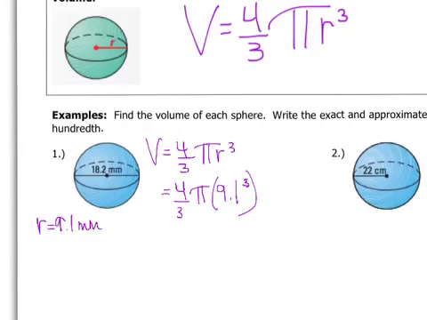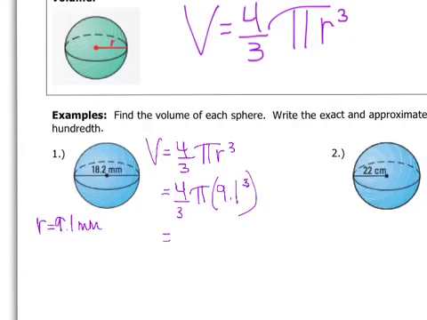Do it with me if you want. I would do the 9.1 to the third first, hit enter. Multiply that by 4, hit enter. Divide it by 3, hit enter.